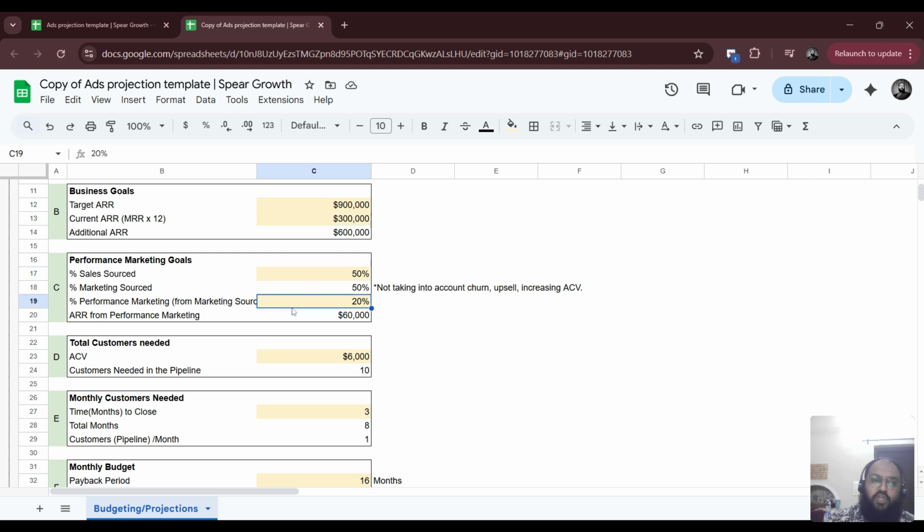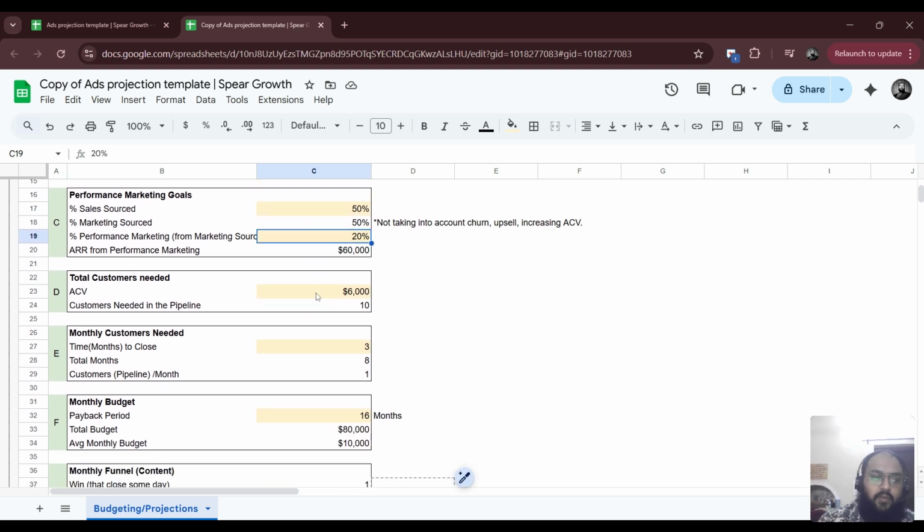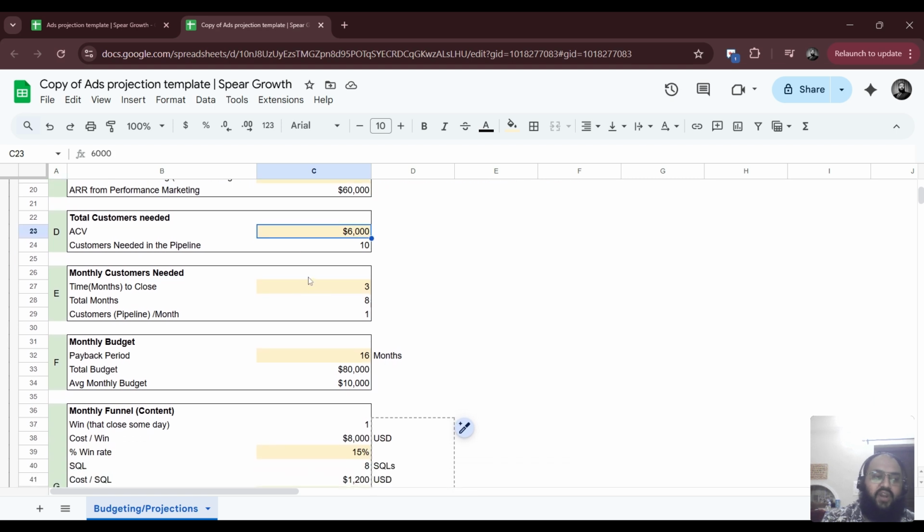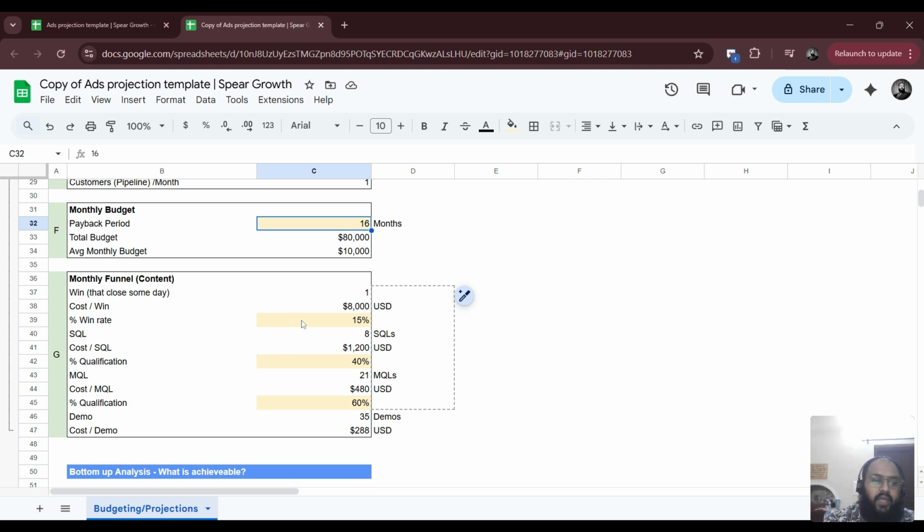It also covers what split of it comes from paid marketing, performance marketing, your average contract value, your business cycle, so 3 to 6 months, however long it takes you to close, your payback period, so how many months it takes for you to recover your acquisition costs, and then your qualifications, so your demos to MQLs, your MQLs to SQLs, or your SQLs to closed won.